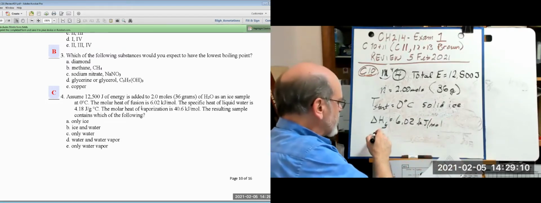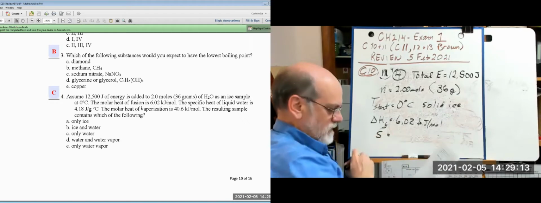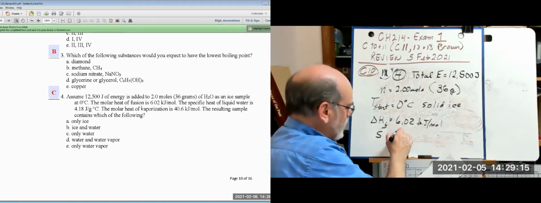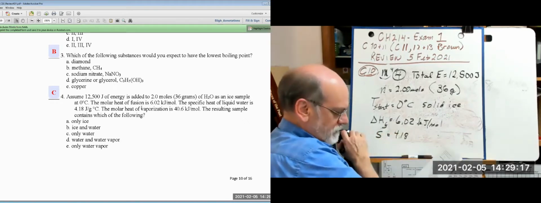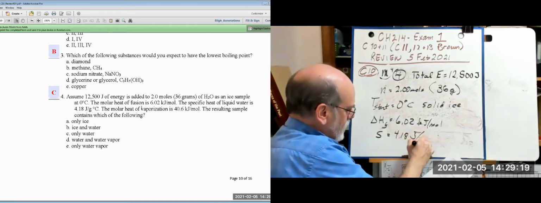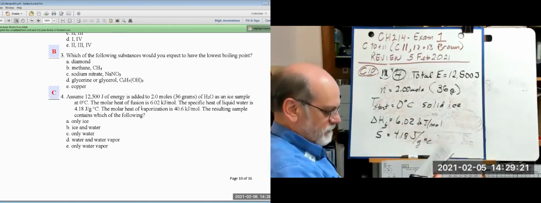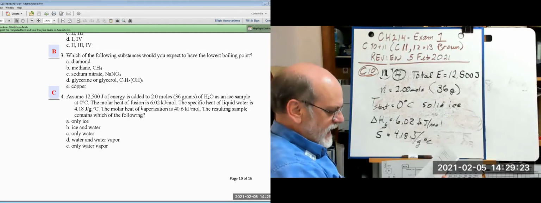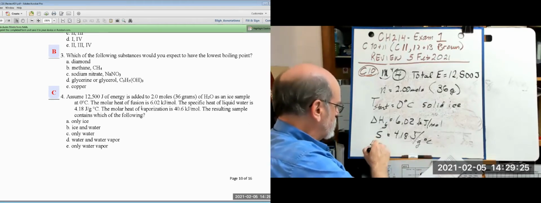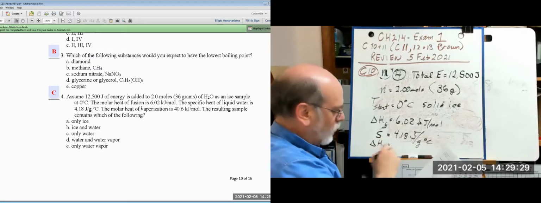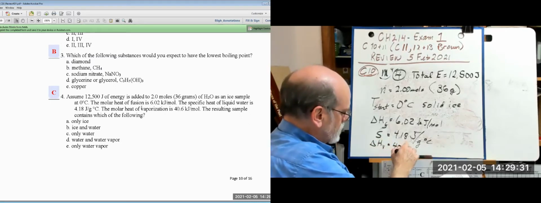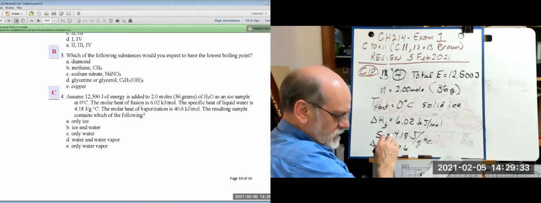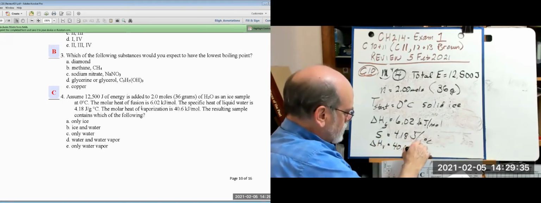The specific heat, S, for water is 4.18 joules per gram degree C. And the molar heat of vaporization for that is 40.6 kilojoules per mole.